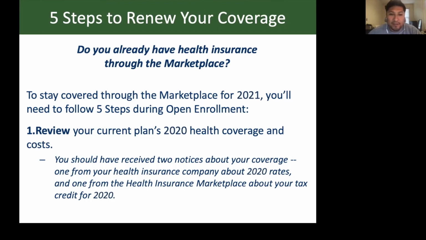Because the prices are based on the federal poverty level, that changes every year. Your income might change, and the tax credits might change. So if you want to maybe get a different plan and see what the prices are going to be for the next year, we definitely recommend reviewing those options and going back onto the marketplace to see what is available.